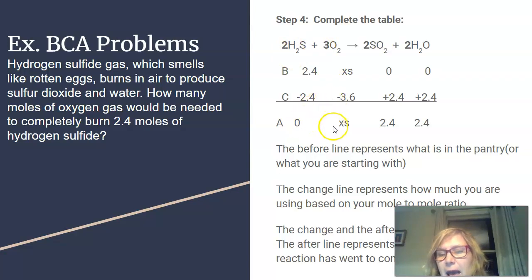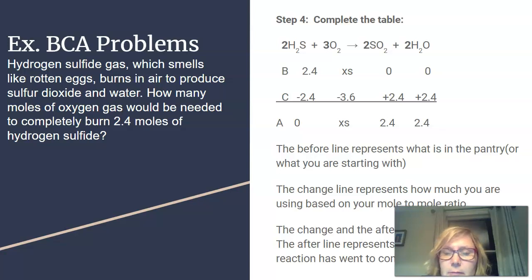Now, how did I get excess in the after line? Well, if you have excess minus 3.6, you're still just going to have excess. That's just the math. If you take 2.4 and 2.4 and add them together, you have 2.4 moles of SO2 produced, and you have 2.4 moles of H2O produced.